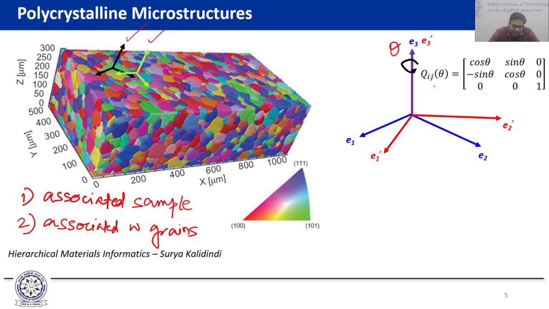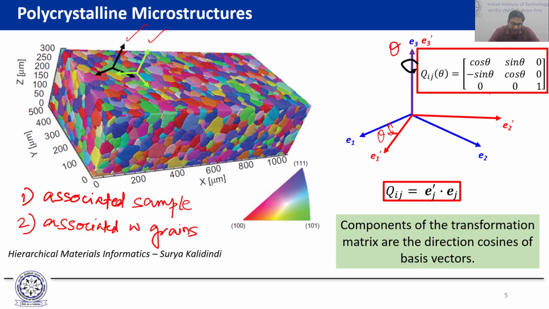This angle theta is the one which describes the rotation matrix, and essentially the rotation matrix simply consists of the direction sines and the direction cosines. So you have this relation that the rotation matrix is given by ej prime dot ej. It's just a dot product, and the components of the transformation matrix are simply the direction cosines of your basis vectors.